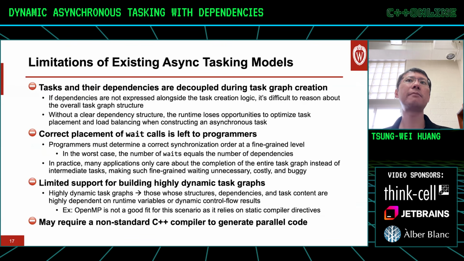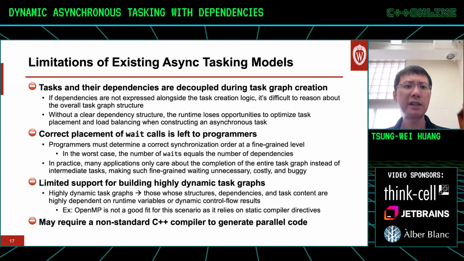So far, we have seen many different asynchronous tasking models to create task graphs dynamically. While each has its own advantages in certain domains, they frequently come with the following limitations that prevent us from fully utilizing the potential of dynamic task graph parallelism. First of all, if you pay attention to these models that we just talked about, tasks and their dependencies are decoupled from each other during the task graph construction.